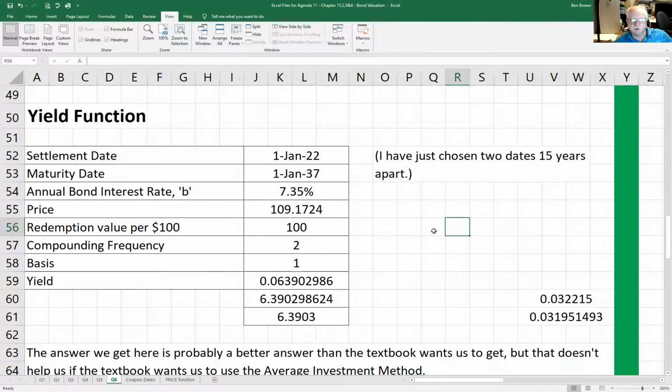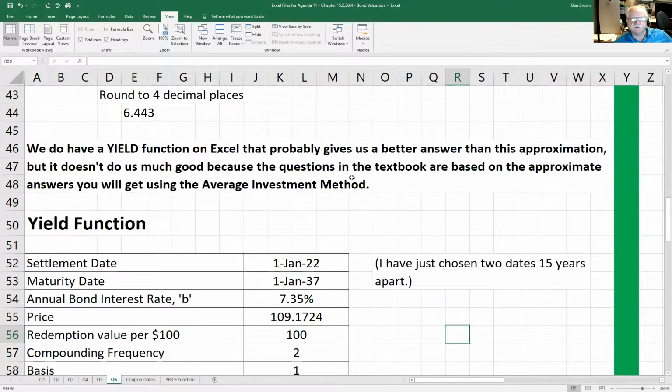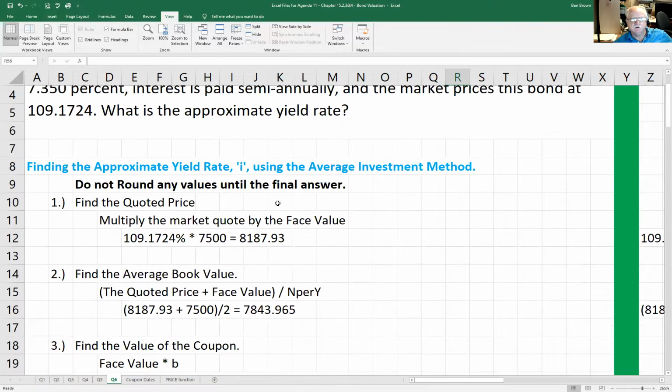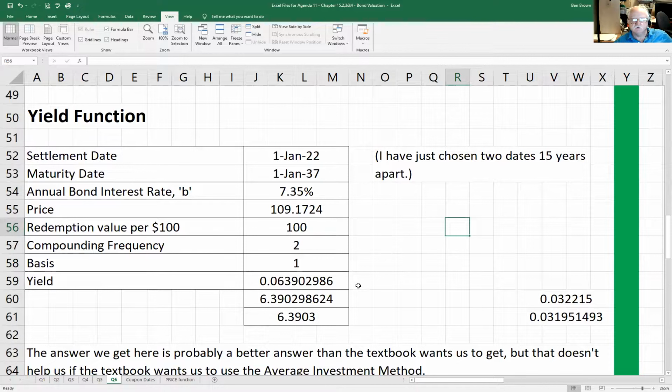What you have to realize is that when they're asking for this approximation, you've got to go through this whole process, finding the approximate yield rate, even though the annoying part is you can get the exact answer by using the yield function.